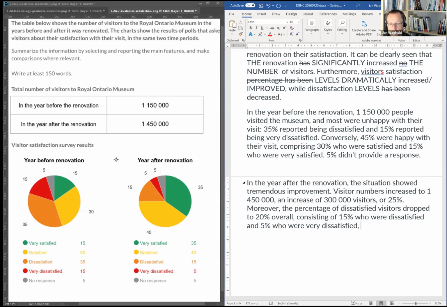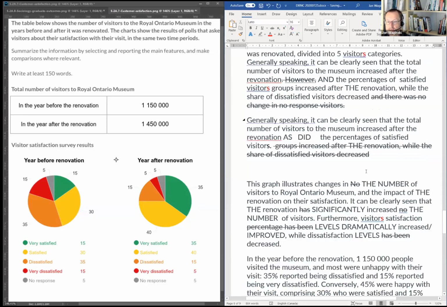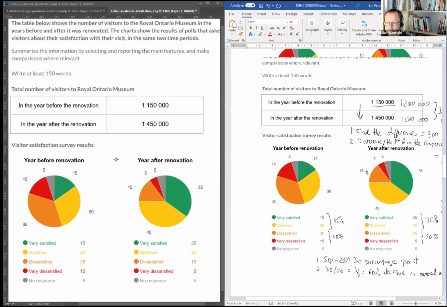And now we want to include the percentage drop, which was a drop of, does anyone remember how much it was? From 55 to 15? Or sorry, what did we say before? We said, we got it all.